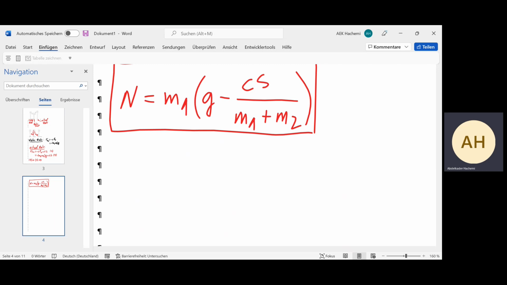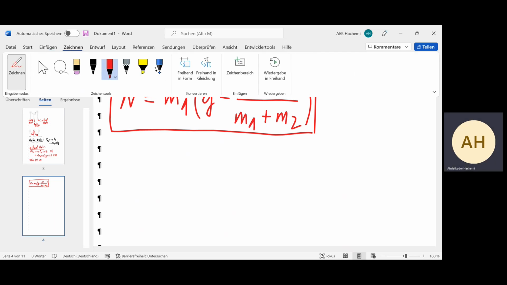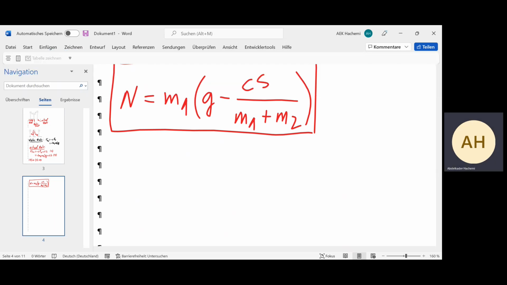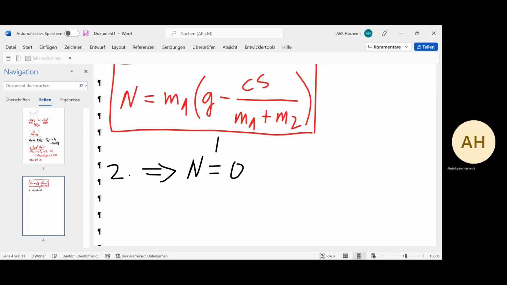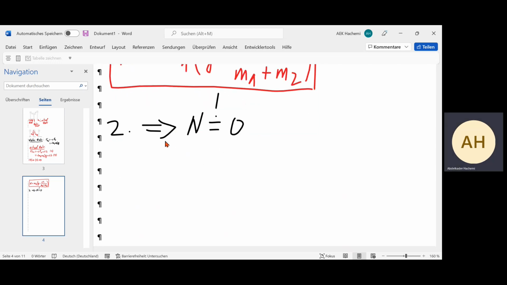If there is no contact, then coming here to the second question, it means we can say N will be equal to 0. This is the condition that the mass M1 lifts off mass M2.